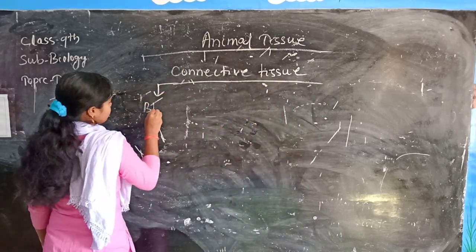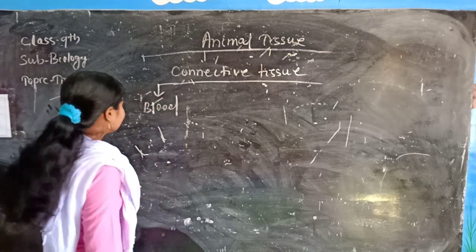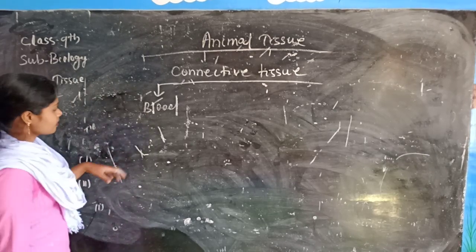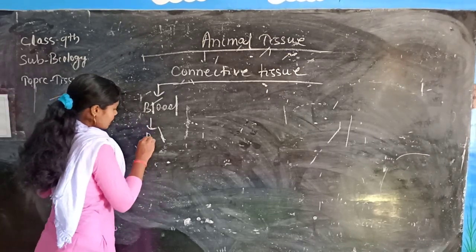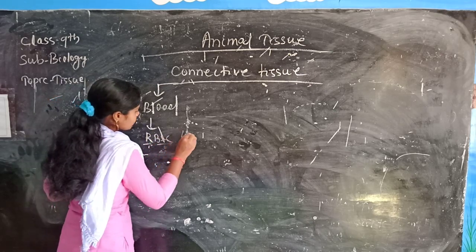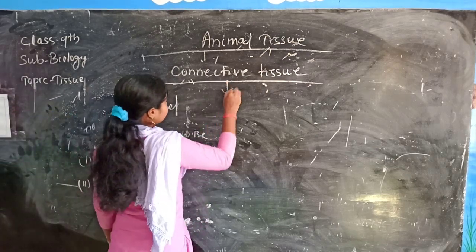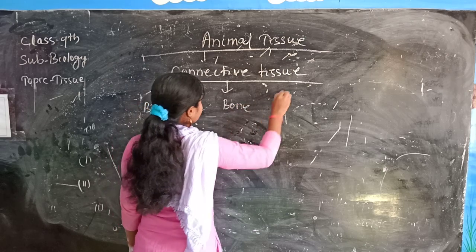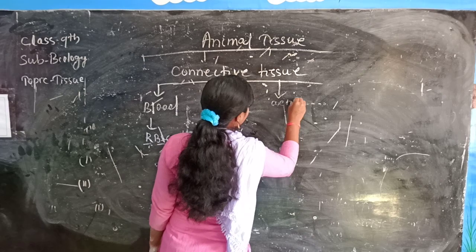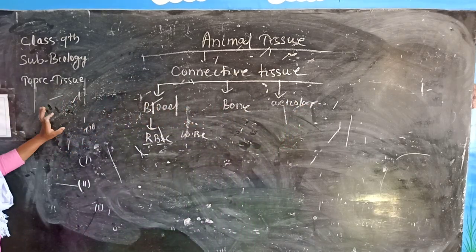First, blood, a jelly-like substance present in our body, that is called plasma, and in plasma, RBC means red blood cells, WBC and platelets are floating. Then bone. Connective tissue. Then first we discuss about the blood.